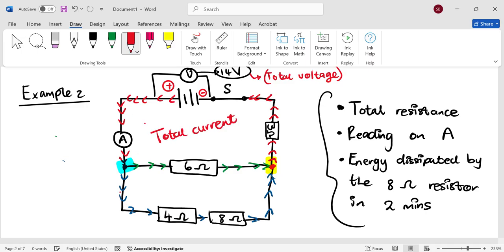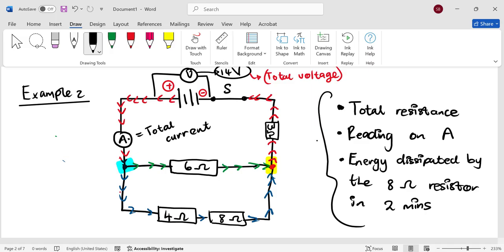Just before a split, you have the total current. So, with that being said, you guys agree with me when I say that A reads the total current. So, this guy would read the total current. Why? Because just before the split, we had emitter A.